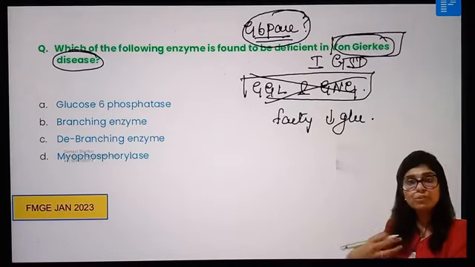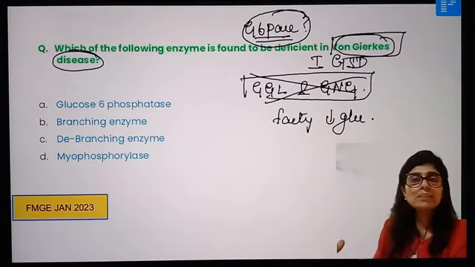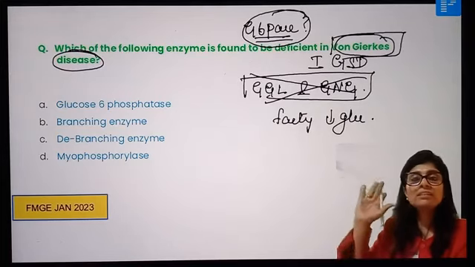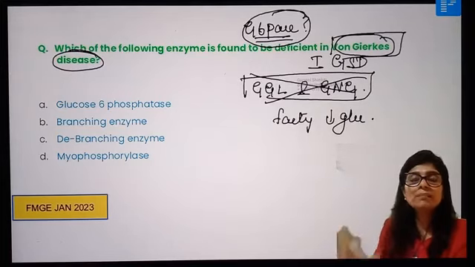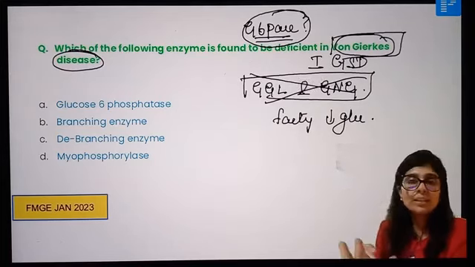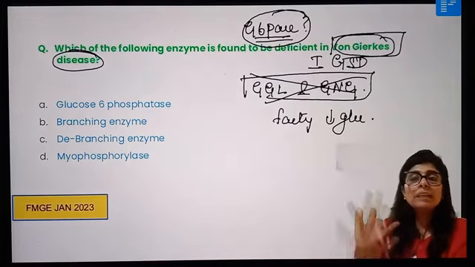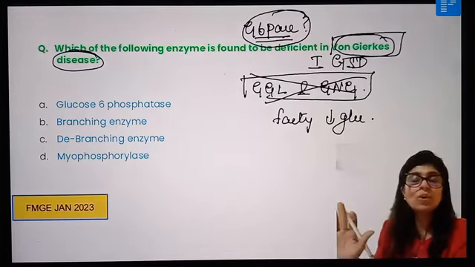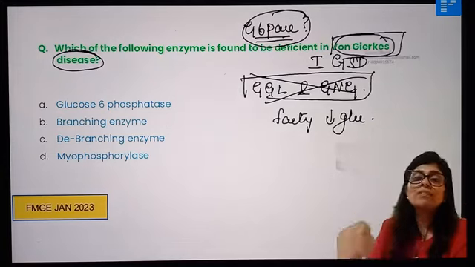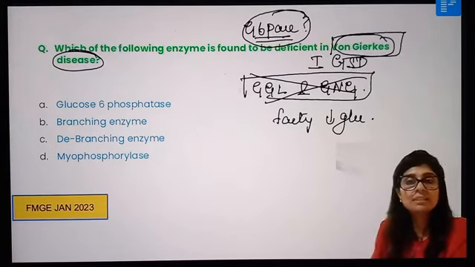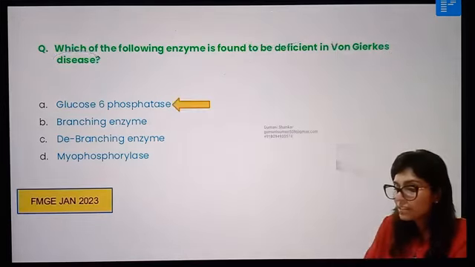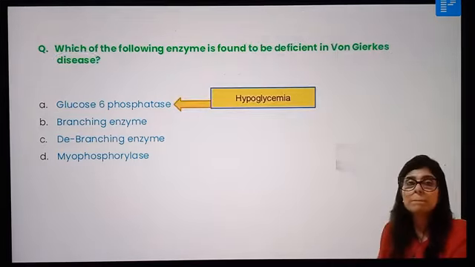Whenever you have your food, the diet will maintain plasma glucose. When you don't have your food, glycogenolysis and gluconeogenesis should maintain blood glucose. In von Gierke's disease, both are not active, so the moment you start fasting, there will be hypoglycemia. That's about glucose 6-phosphatase defect, which presents as severe fasting hypoglycemia.